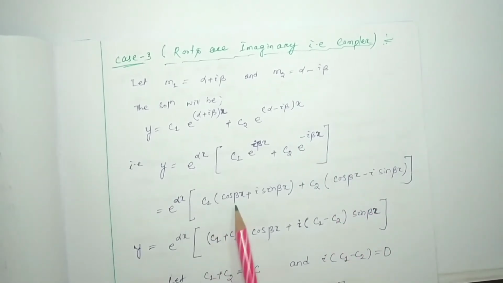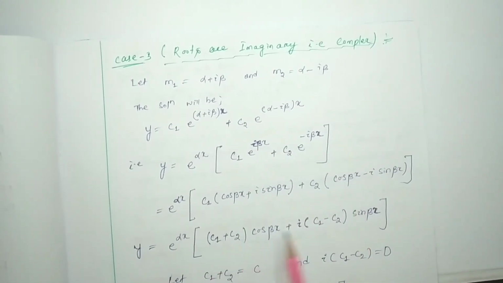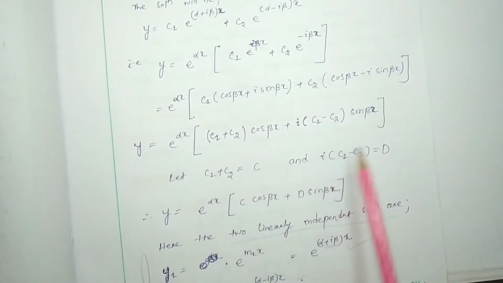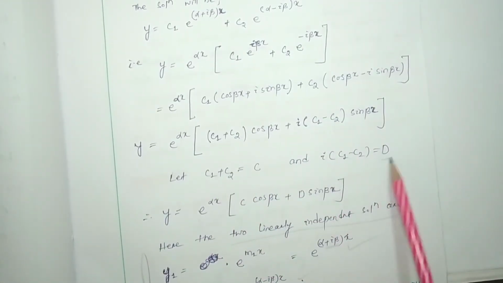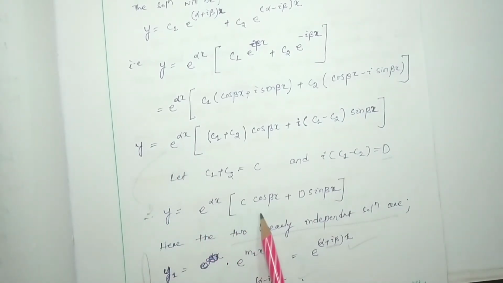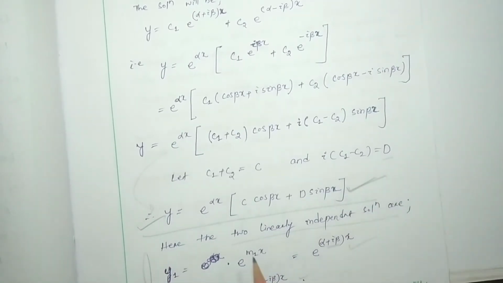So we get (c1 plus c2) cos beta x plus i (c1 minus c2) sin beta x. Consider c1 plus c2 as c and i (c1 minus c2) as d. So this can be written as y equal to e to the alpha x into (c cos beta x plus d sin beta x).